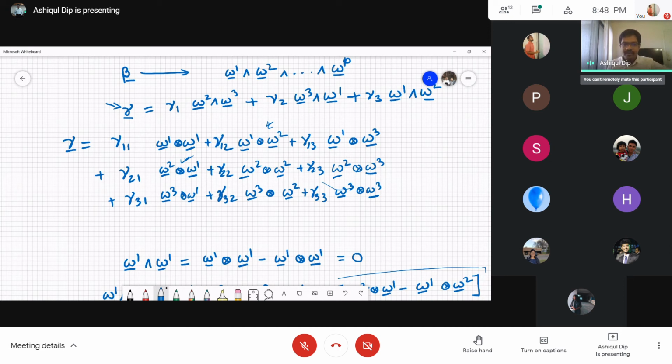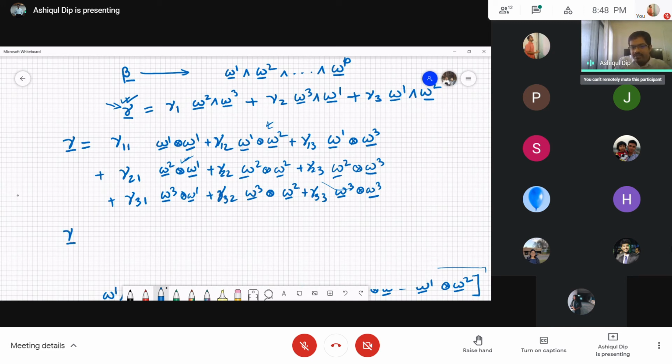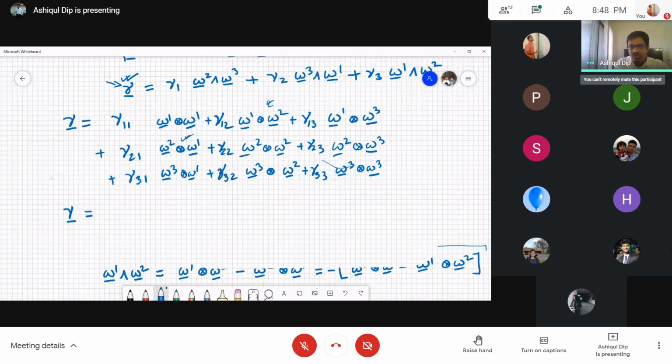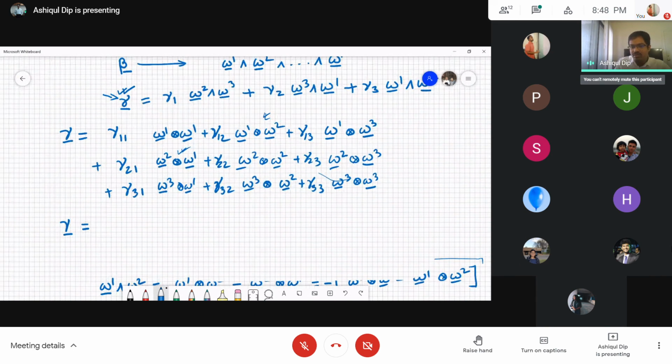Okay, if it's difficult, then let's expand this object. If you expand this, we can actually get two things out of it. Let's start with the last one, that would be easier.